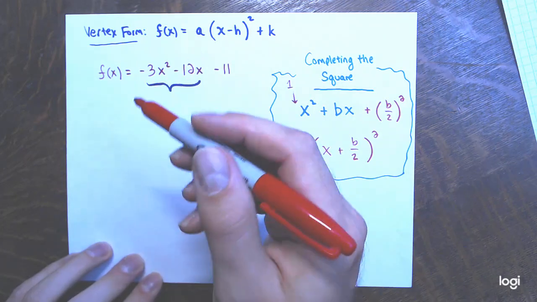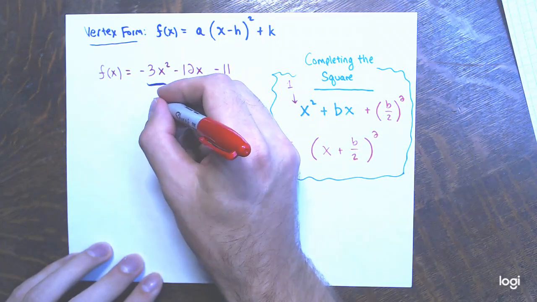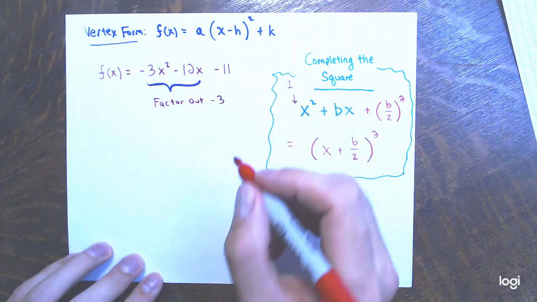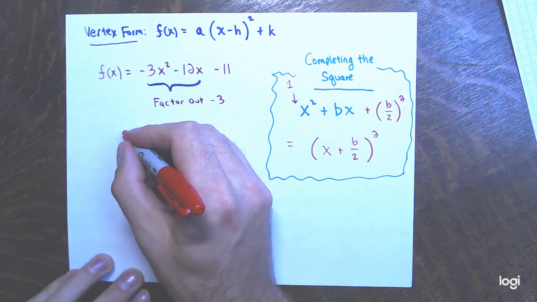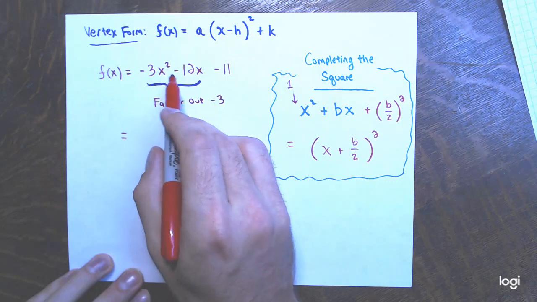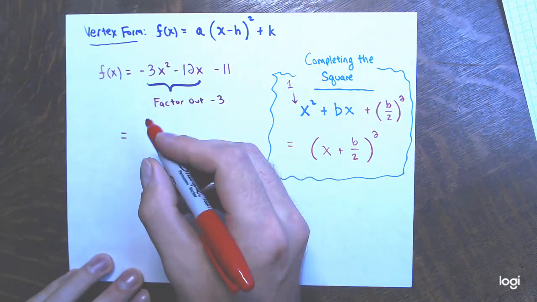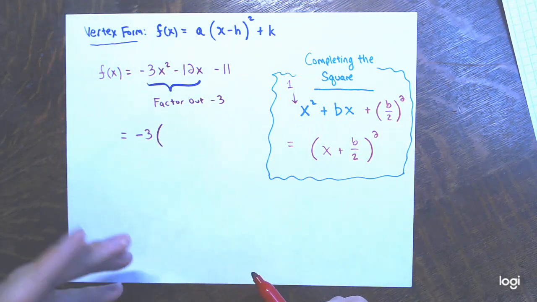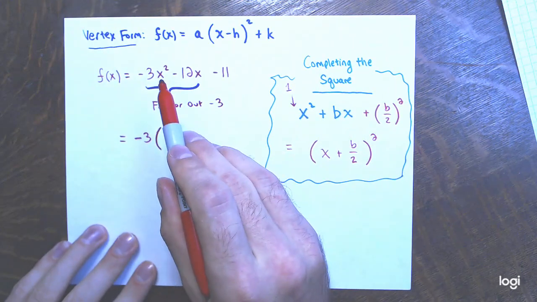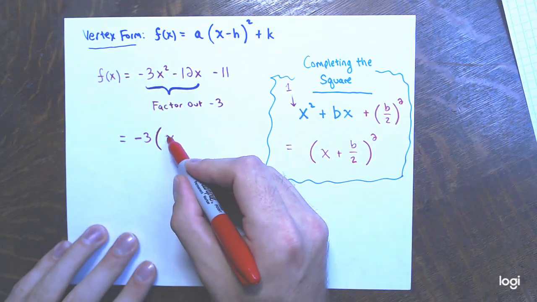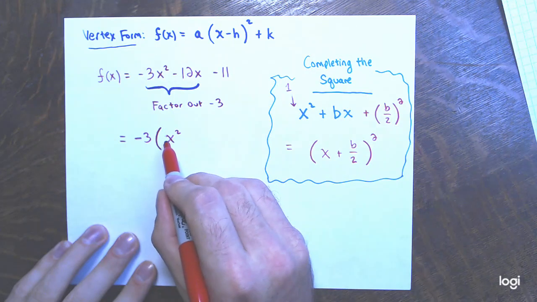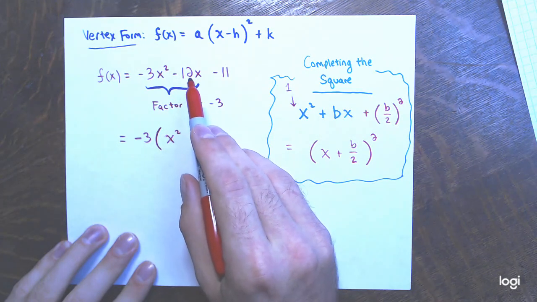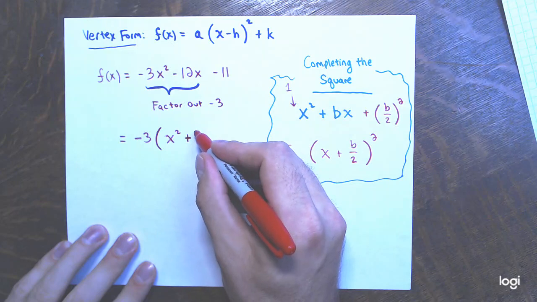A very quick fix to that is to factor out that -3, factor out that lead coefficient. So when I do this, we have f of x equals, and then just from these two terms, I'm going to factor out -3. So -3 comes out, and then in parentheses, we're just reversing the distributive property, factoring. Then the first term would be just x squared, and there's your 1x squared that I want. And then if I pull out a factor of -3 from -12x, that would be positive 4x that's left over.